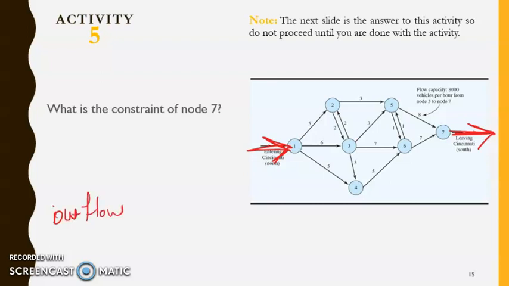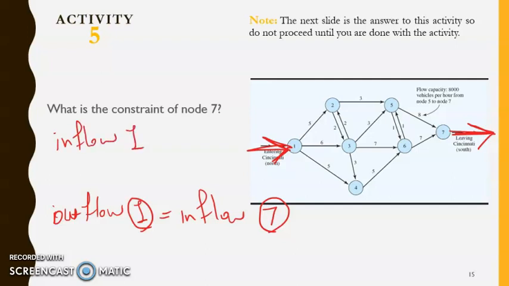So we can write down that the outflow of 1 equals the inflow of 7. Makes sense. Why? Because the inflow of 1 equals the outflow of 7.